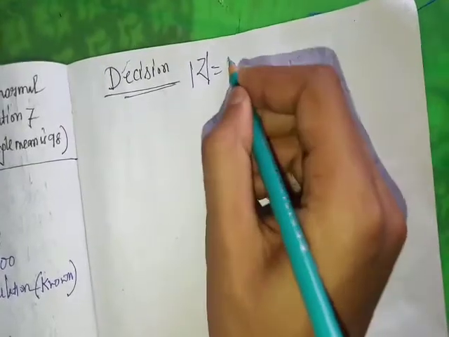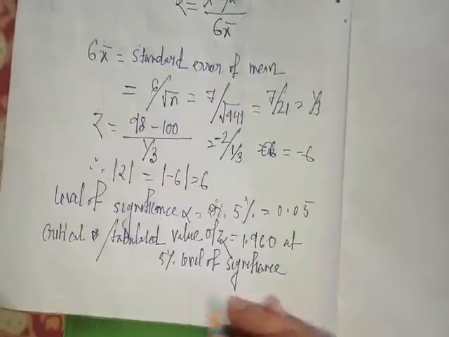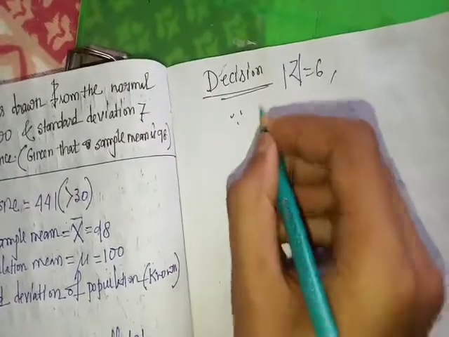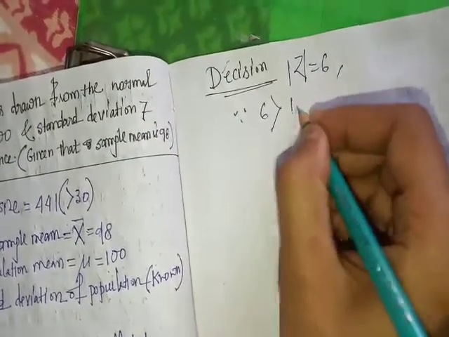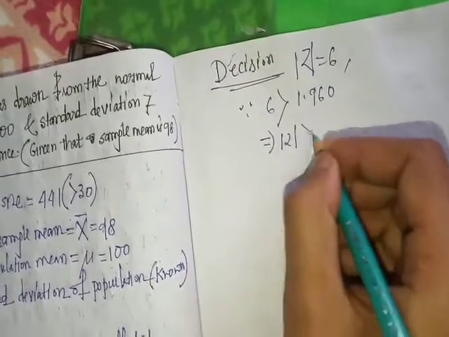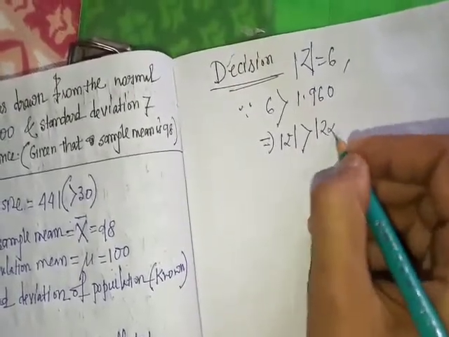Since mod of z is 6 and the tabulated value at 5% level of significance is 1.960, 6 is greater than 1.960, which implies mod of z is greater than z alpha.